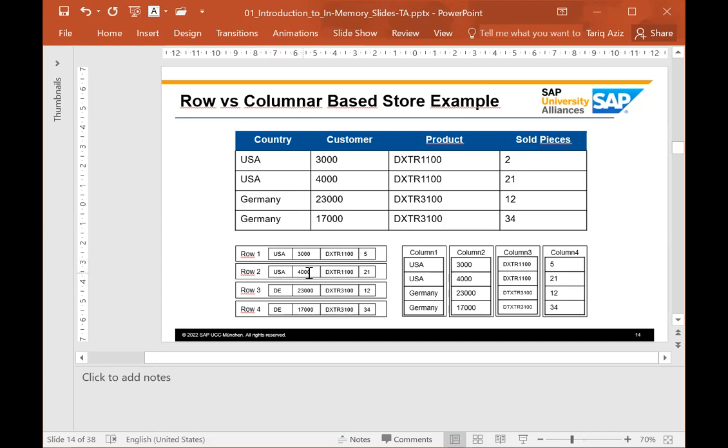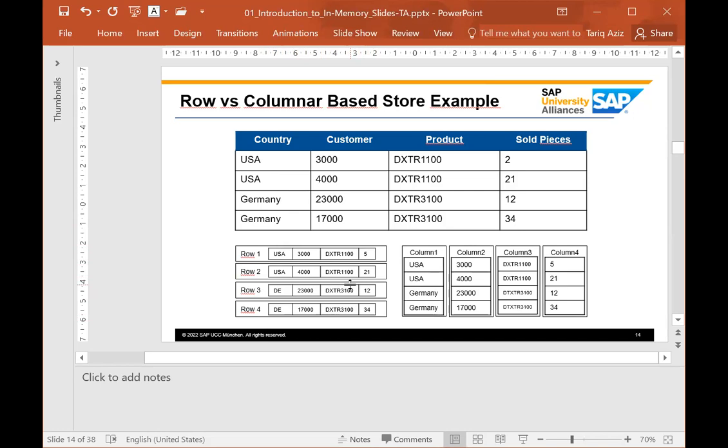Whatever I need, I'll keep, other things I will ignore. Now imagine I'm reading everything to get these 2 values. I'll keep these 2 values, and the rest I will just ignore. So imagine it is costing me extra reads.